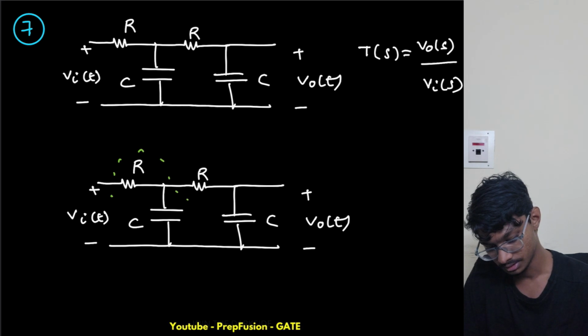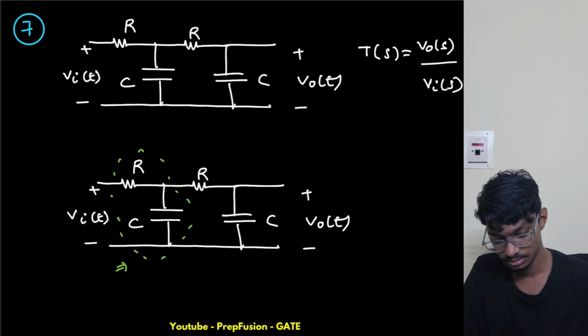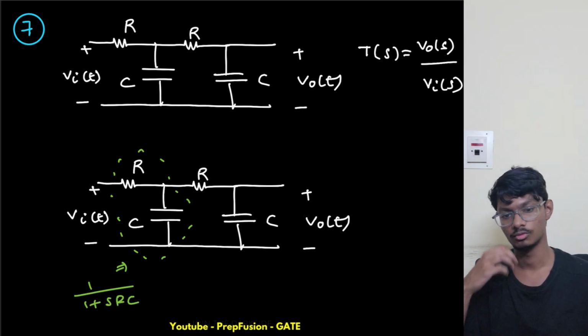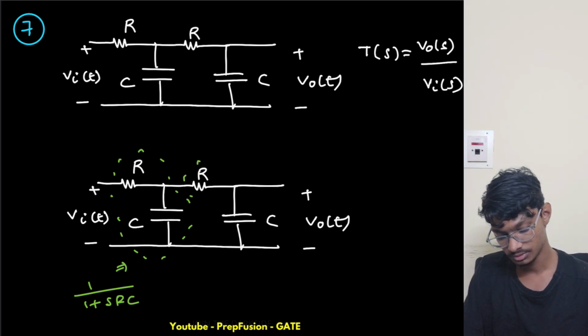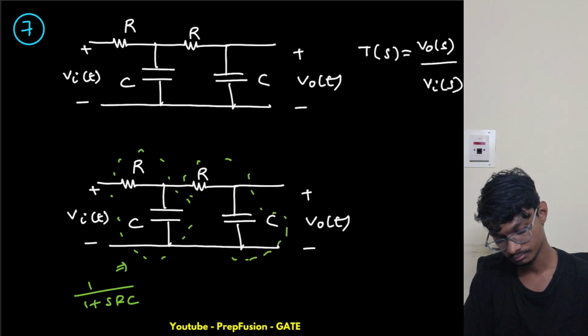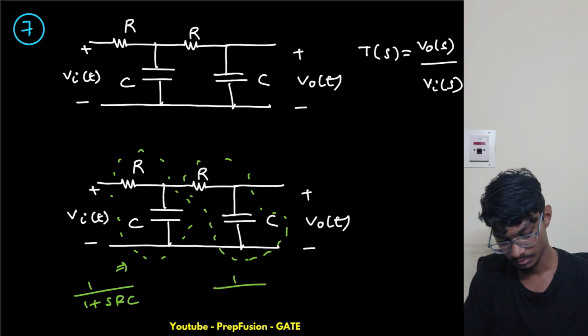The individual transfer function of this is simply 1 by 1 plus sRC. You find it, you will get this only, okay? And the individual of this one also is 1 by 1 plus sRC, okay?